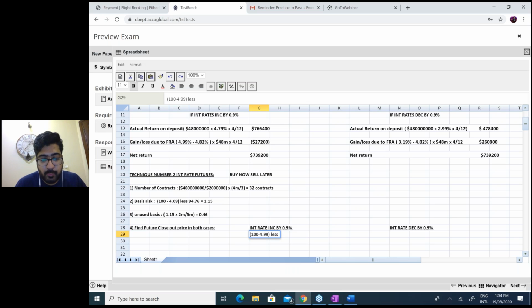What is the unused basis? 0.46. Let's calculate. This makes it 94.55.